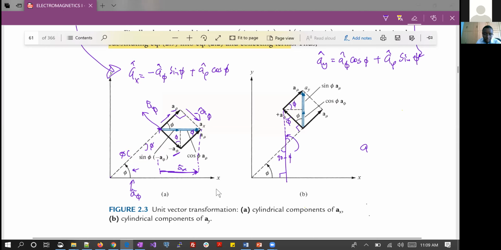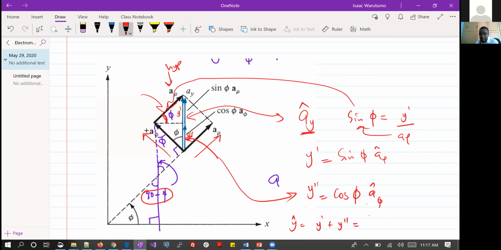And therefore, you would say that AY is equal to Y prime plus Y double prime, which you have seen to be given by cos phi A phi plus, I think I have just interchanged them, doesn't matter, sine phi A rho.